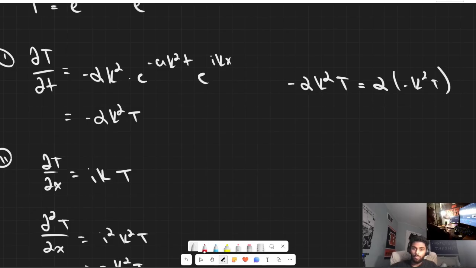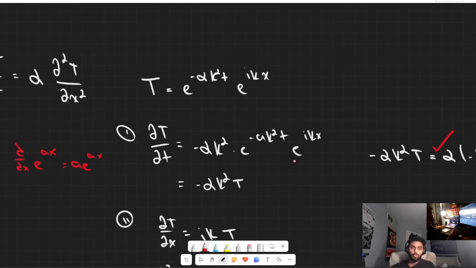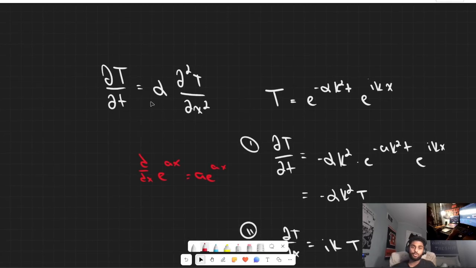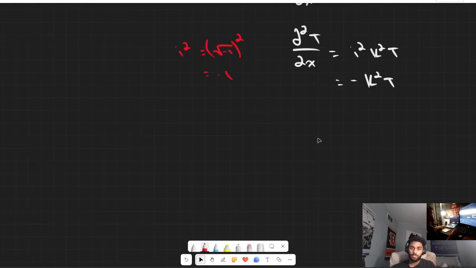So we see that these two sides are equal to each other. So now that we proved that this solution here for our temperature is indeed a solution of our partial differential equation, what I now want to do is add that time dependence back in there.